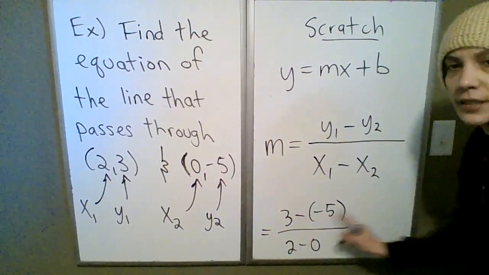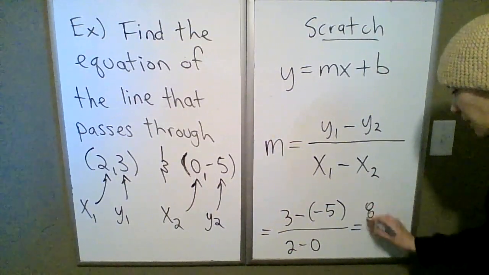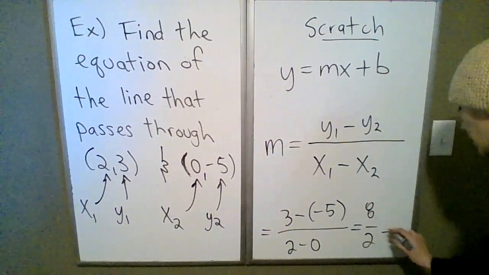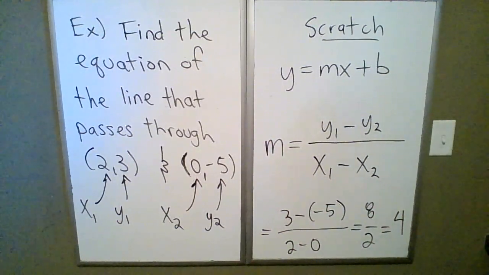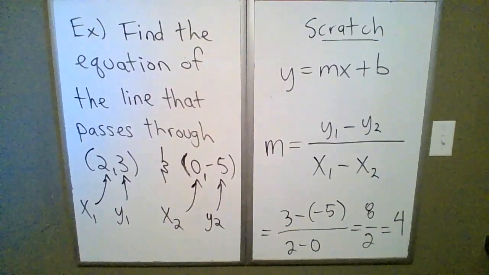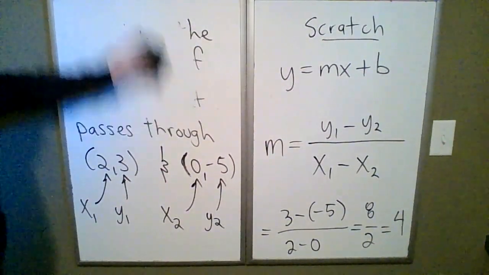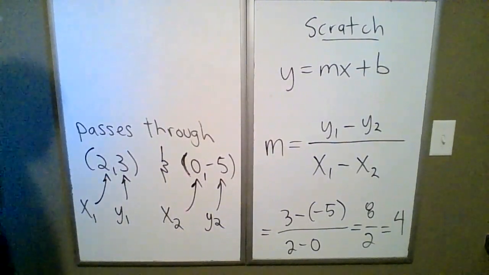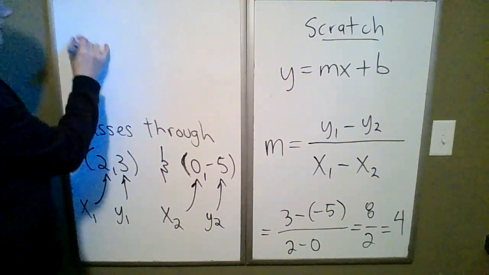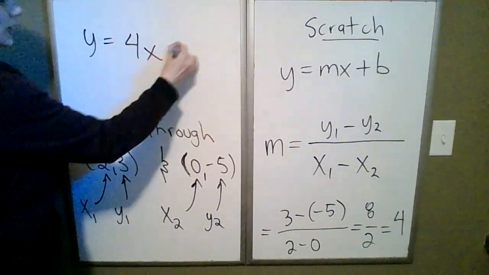So in the numerator, there's 8, and then we're dividing by 2. 8 over 2 is going to be 4. So we've got part of the equation, y equals 4x plus b.